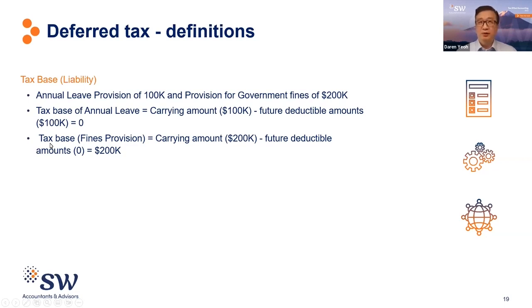In relation to the provision for fines, the carrying amount is 200,000, and because fines are not deductible, you do not get a deduction when you pay out that provision. So it's 0 in terms of future deductible amounts, and the tax base is 200,000. So the message here is that just because you call something a provision or an accrual does not mean that the tax base is 0.